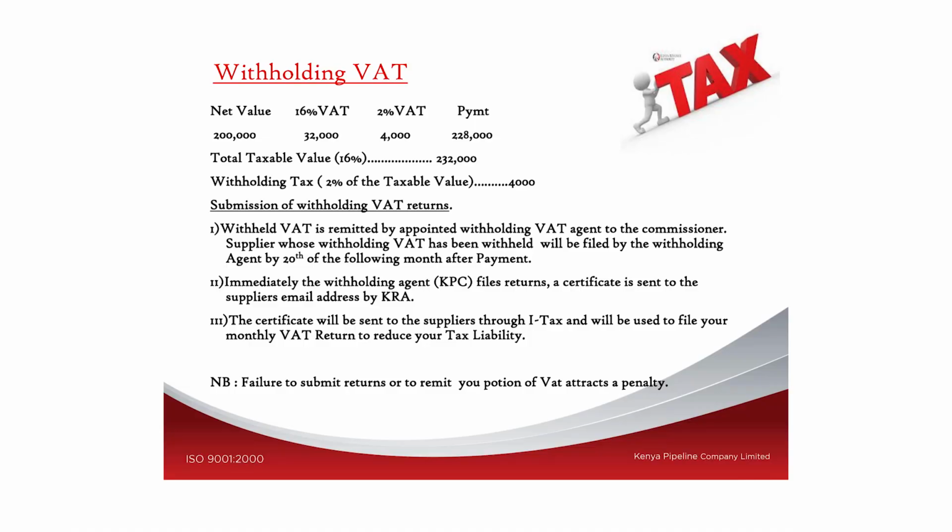Now, Kenya Revenue Authority has appointed Kenya Pipeline as a withholding tax agent. What do I mean by this? For any payment that KPC makes to a contractor or any other supplier who has supplied goods and services, we need to withhold something called withholding VAT, which is 2%.